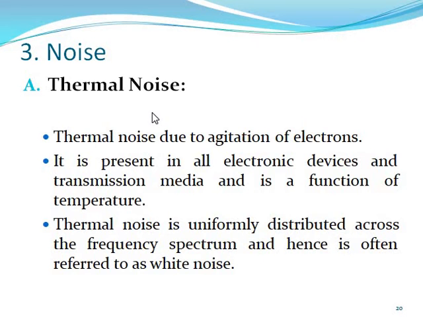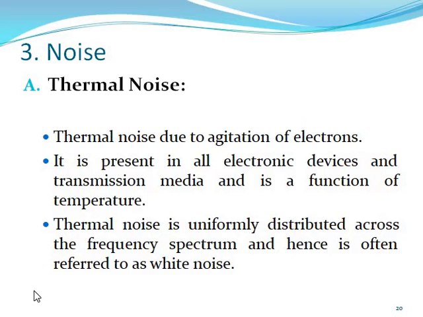Now we can show the most important factor affecting the signal, which is noise. So noise is an impairment factor. When you transmit data or any signal from one point to another, at that time it can affect it. So first is thermal noise. The thermal noise is due to agitation of the electrons. It is present in all electronic devices and transmission media and is a function of temperature.